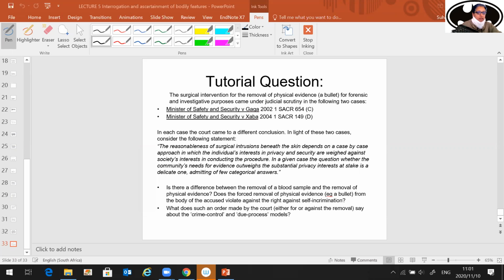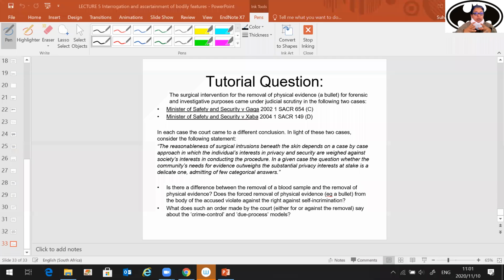This is regarding retrieval of evidence, and it does come down to that question of the right against self-incrimination. Two cases dealt with this question of retrieval of physical evidence, moving away from the question of DNA samples merely, like blood samples or saliva swabs, even moving away from fingerprints.